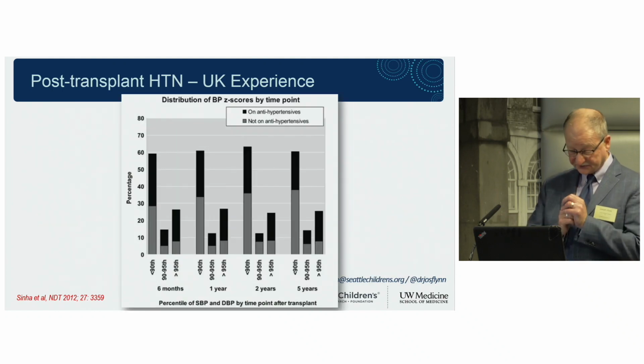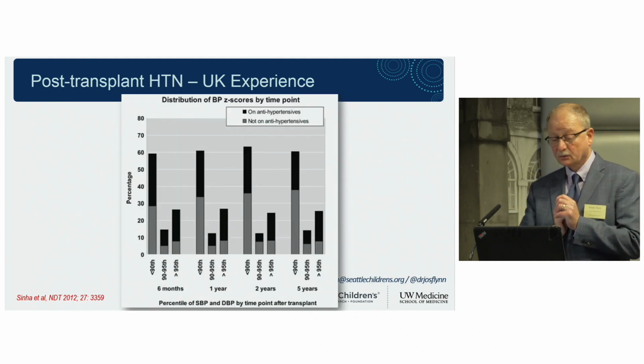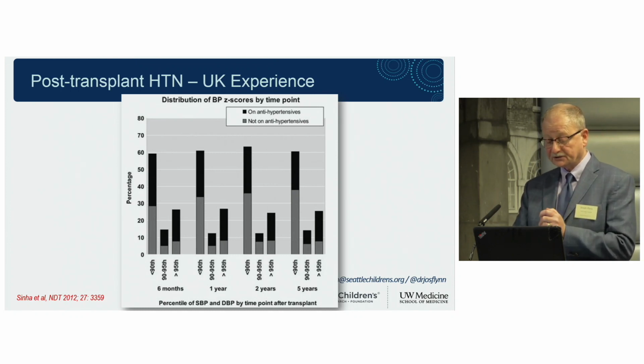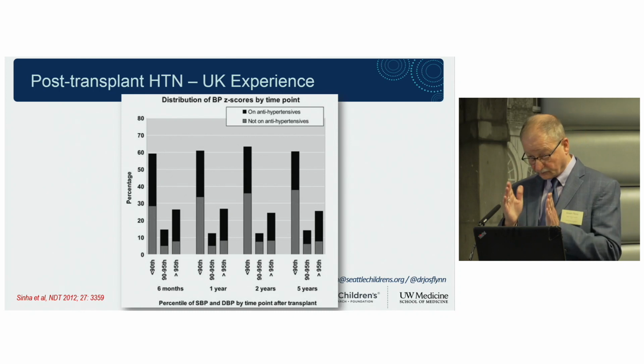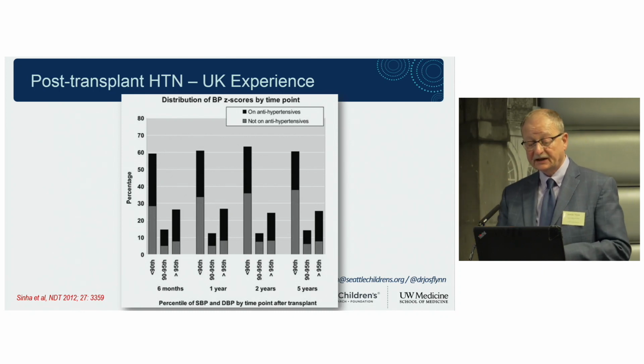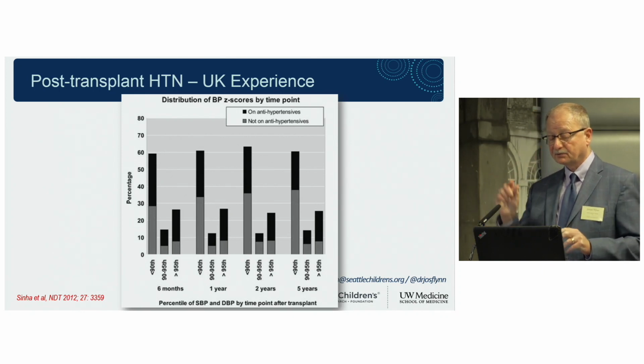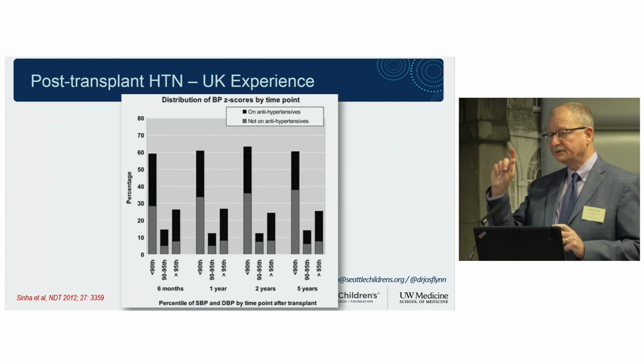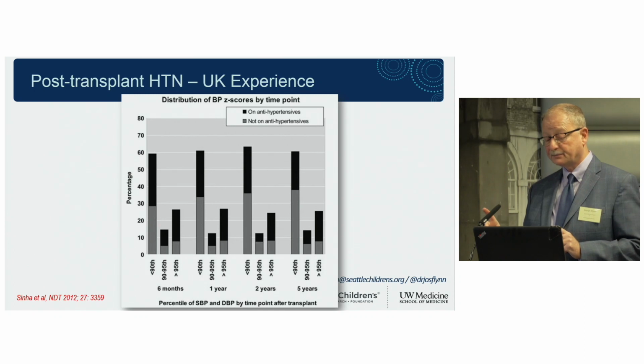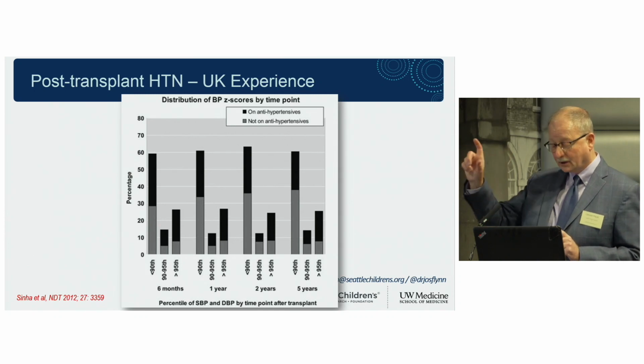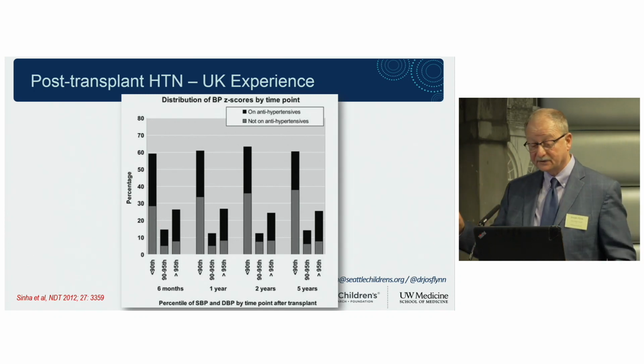And then this is a graph where they looked at blood pressure z-scores at the 4 different time points after transplant, with the black part of each bar being those on blood pressure medications, and the gray, off medicine.